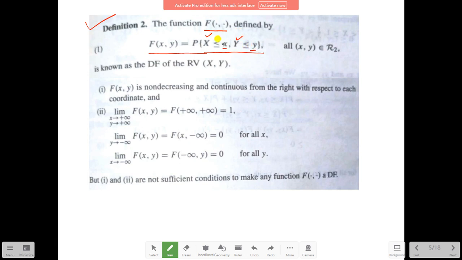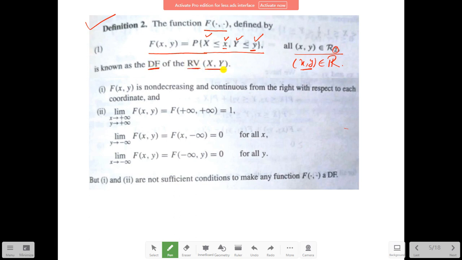Here small x and small y belong to the set of real numbers, that is (x,y) belongs to R², the two-dimensional real space. This is known as the df. Df means distribution function of the random variables X and Y.